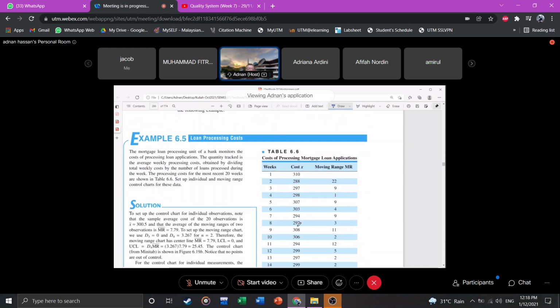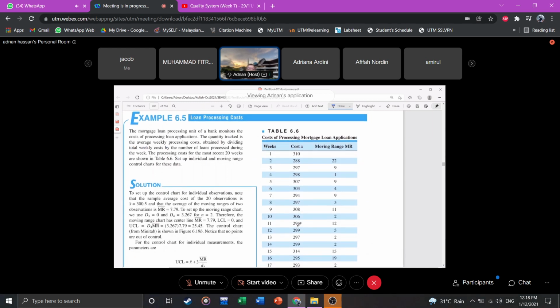Okay, this is the example now. Read this example: a mortgage loan processing unit at a bank. We can use control charts also in services. In this example it is a bank. The bank monitors the cost of processing loan applications. The quality characteristic tracked is the average weekly processing cost, obtained by dividing the total weekly cost of the loan process during the week.